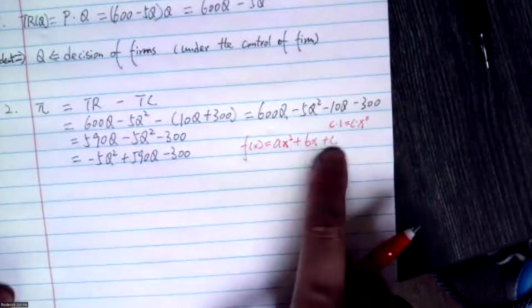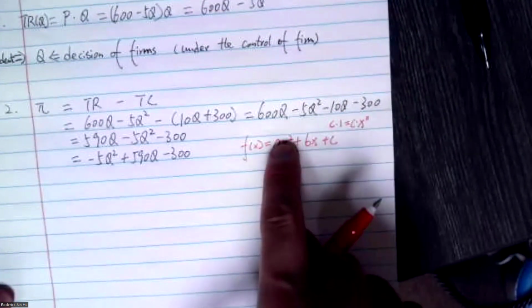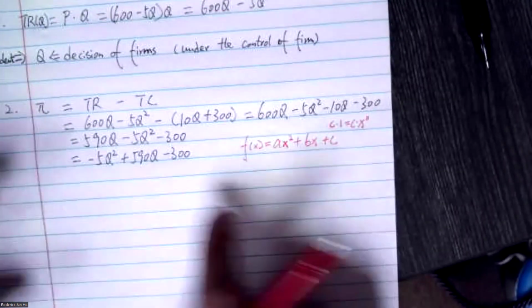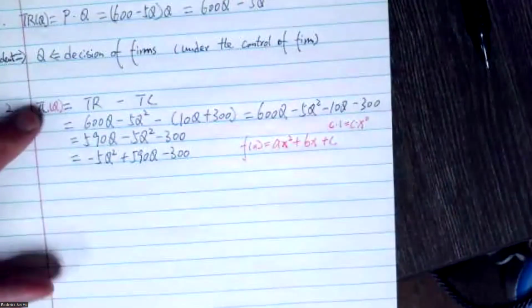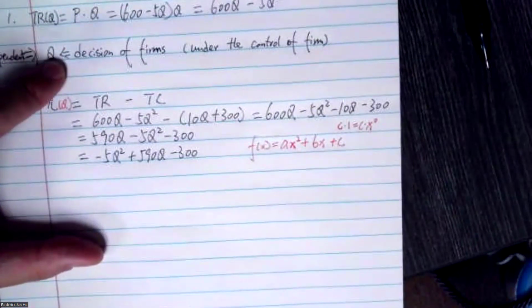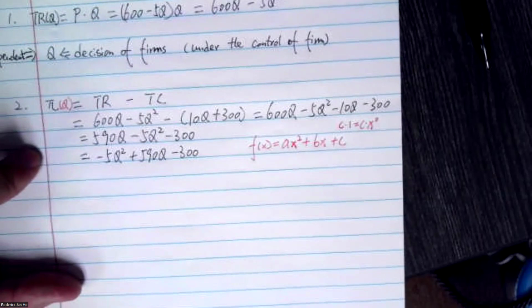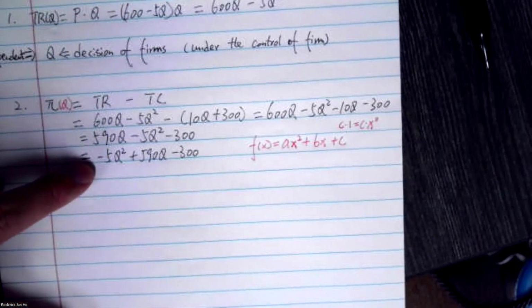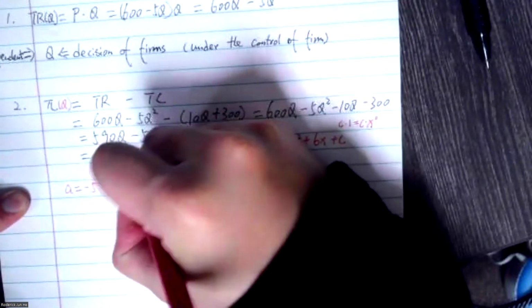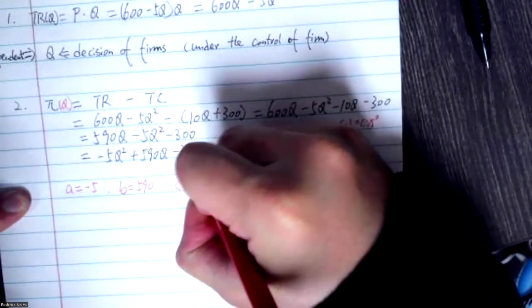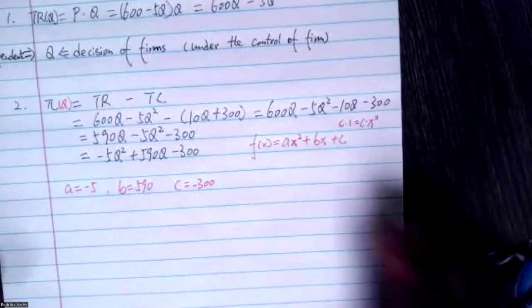That's why I'm saying this is arranging in descending order of the power for x. Here we are doing a similar thing. Then you can find we express our profit again as a function of the decision of firm, which is quantity produced. And it is then easy to figure out that in this case, a equals minus 5, b equals 590, c equals minus 300. We put it here for preparation of step 3.